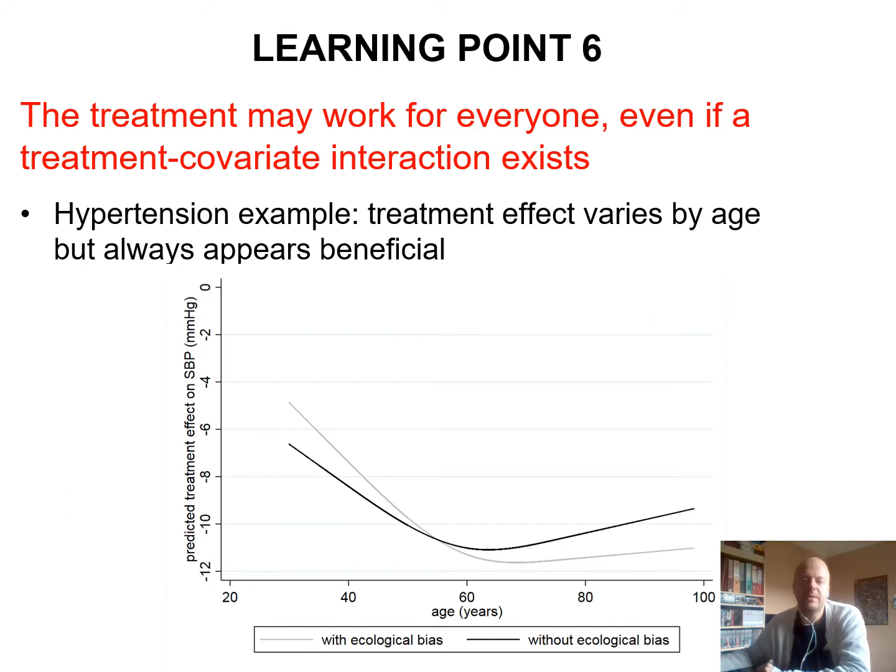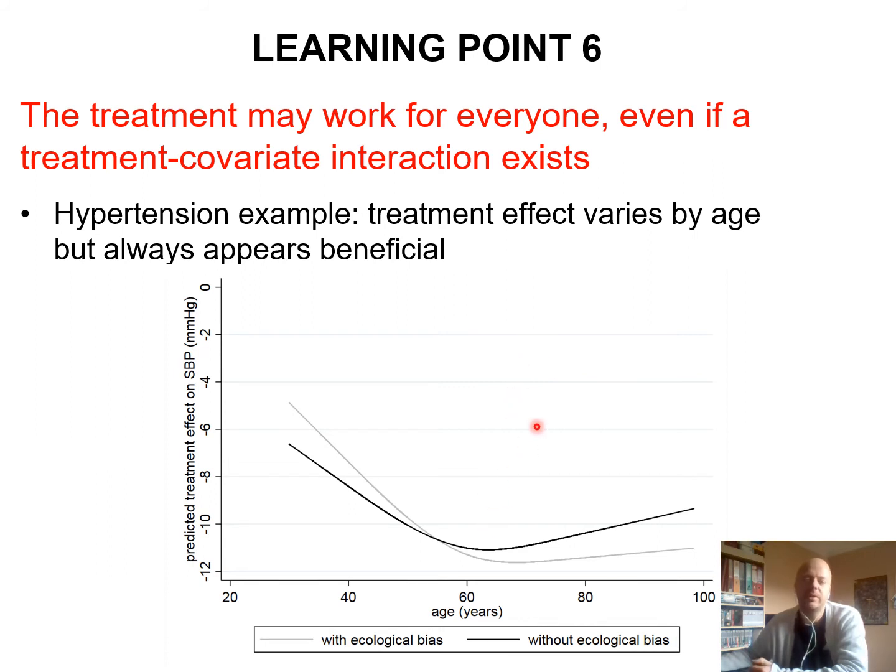Learning point 6 is that the treatment may work for everybody, even if a treatment covariate interaction is there. This is just a reminder that if there is an interaction, it doesn't mean that we can only apply the treatment to some people and not others. It could be that it works for everybody, it's just that the magnitude of the effect changes. Here I'm plotting the benefit of hypertensive treatment on blood pressure, conditional on age.